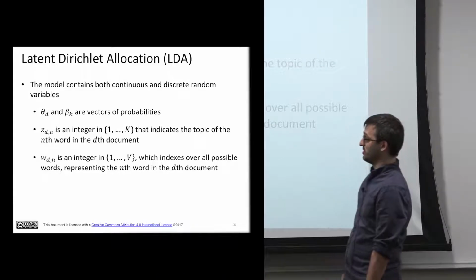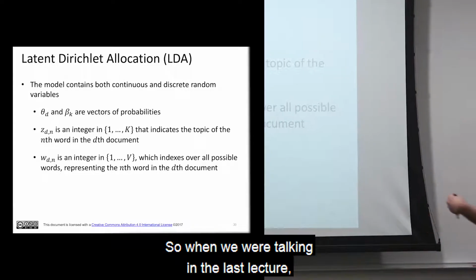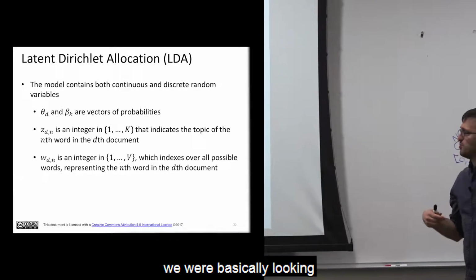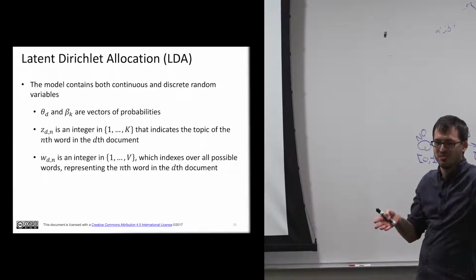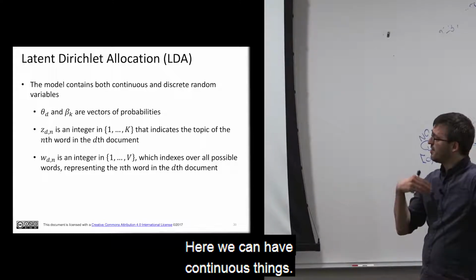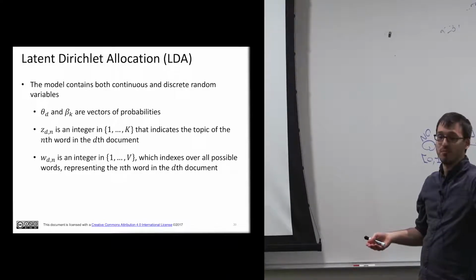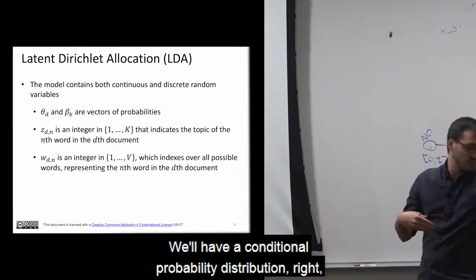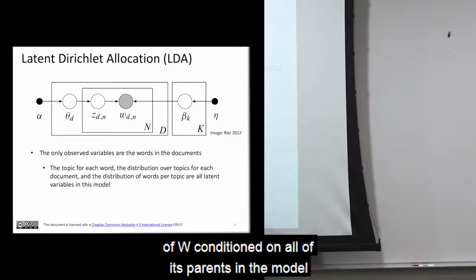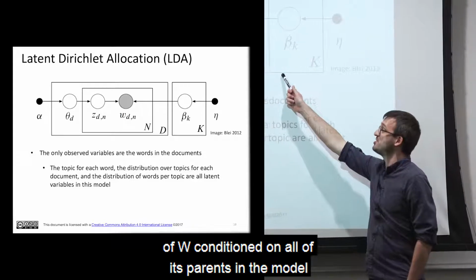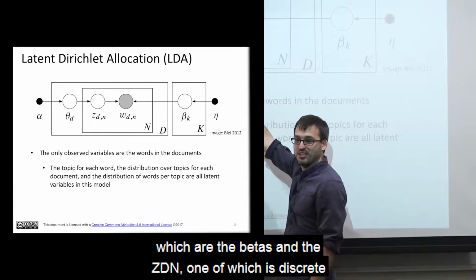They're vectors of probabilities. When we were talking in the last lecture, we were looking at discrete modeling problems in some sense. It was just heads or tails. Here we can have continuous things. The modeling problem is still the same. We'll have a conditional probability distribution of W conditioned on all of its parents in the model, which are the betas and the Z_dn.